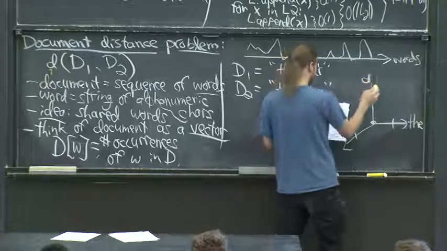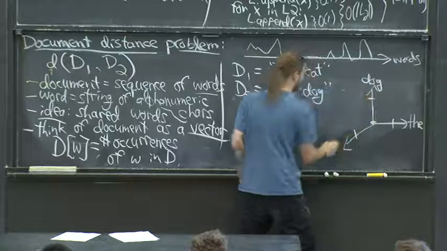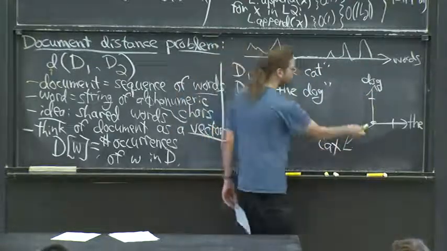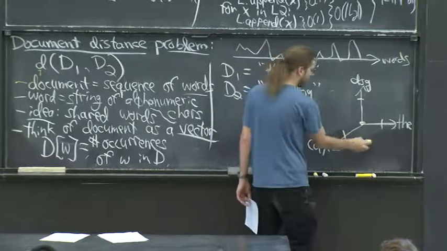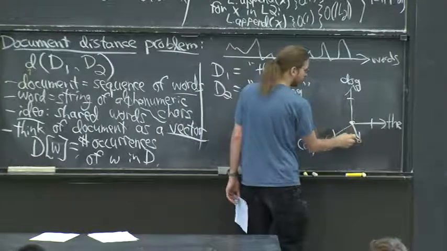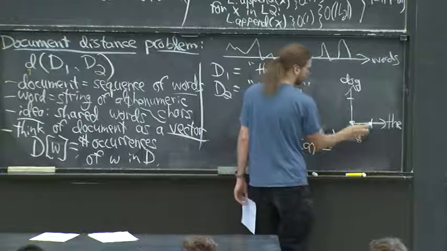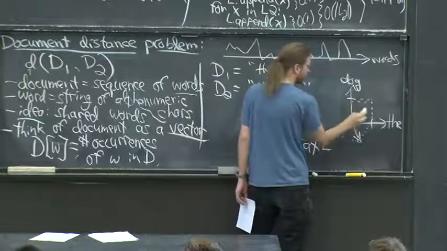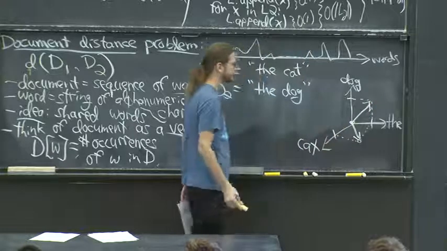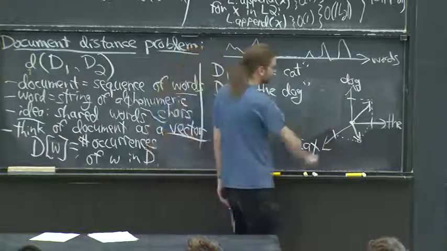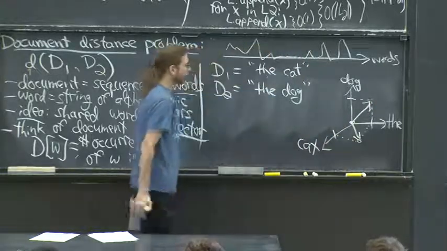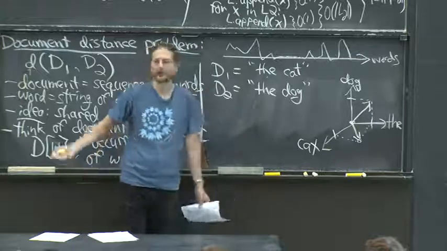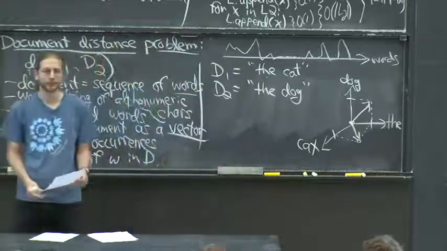Let's say this is dog, and this is cat. The cat document has one the, one cat, and no dog, so it's a vector pointing there. The dog document is basically pointing there. So these are two vectors. How do I measure how different two vectors are? Any suggestions from vector calculus?